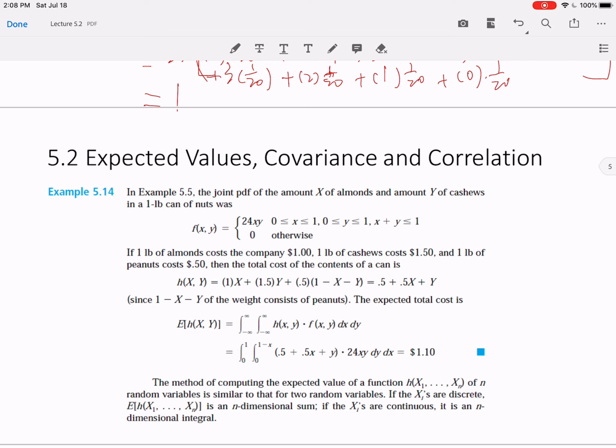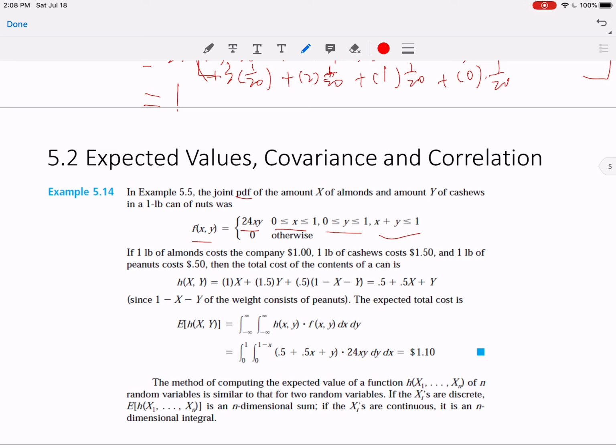So in example 5.5, since we're dealing with continuous random variables, we have the joint PDF of the amount X of almonds and amount Y of cashews in a 1 pound can of nuts. So we have f of x y is equal to 24xy, where x is greater than or equal to 0, y is greater than or equal to 0, and x plus y is less than or equal to 1.